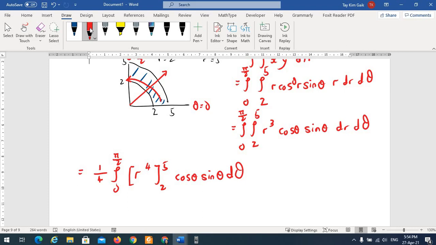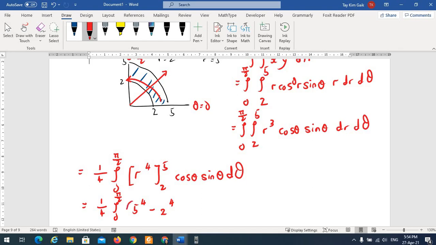So put in the limits for r, and theta from 0 to pi over 2. So you have 5 to the power 4 minus 2 to the power 4.